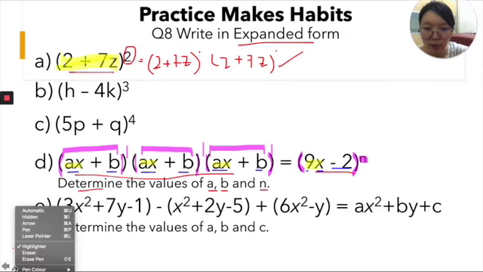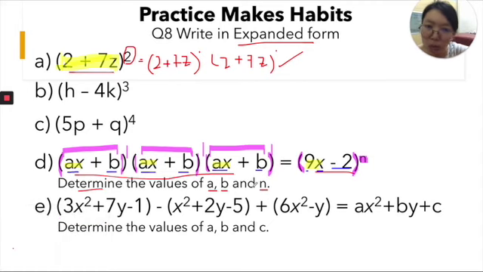As you can see from the yellow, what is A actually? Look for the patterns. And then plus B is here, repeating for 3 times in every bracket. So could it be plus B? Tell me what is A, B, N? We'll discuss in the class.